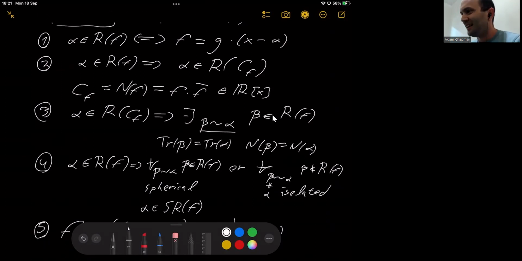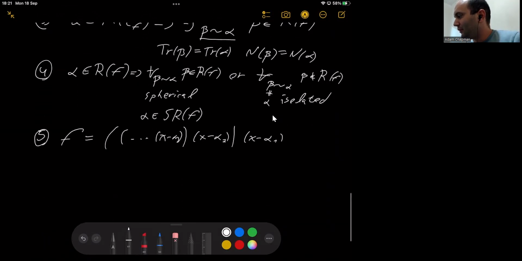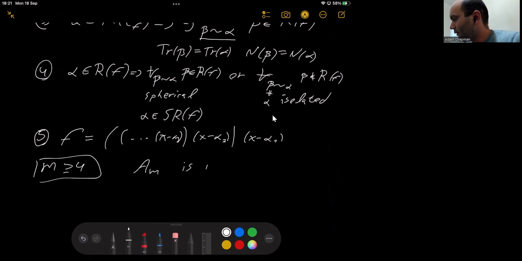So out of all this story, what do we know in the non-composition case? From now on, I'm going to focus on n greater or equal to 4. Okay, so our algebra is not composition.